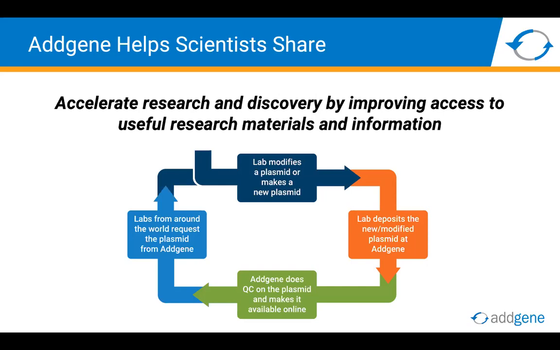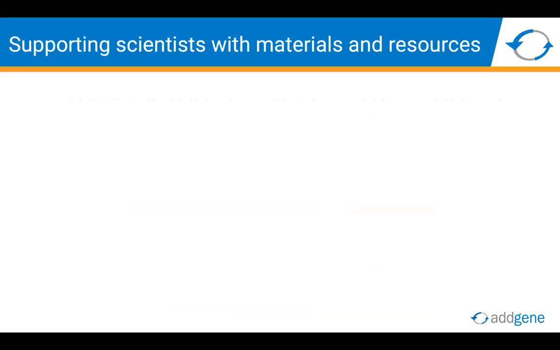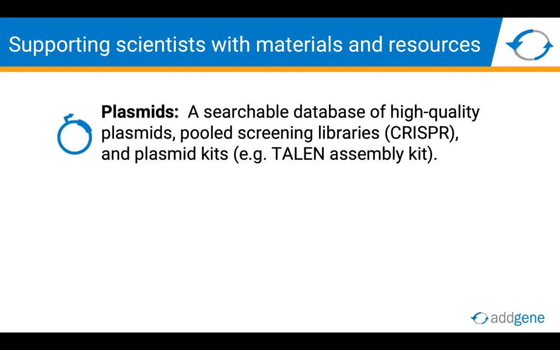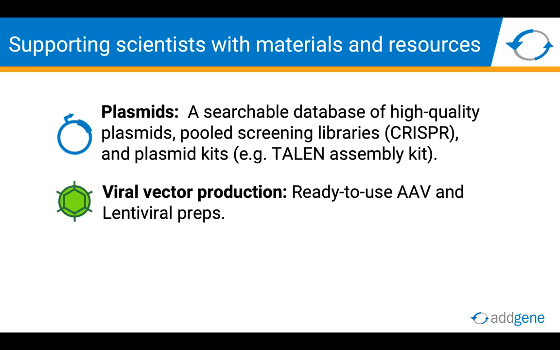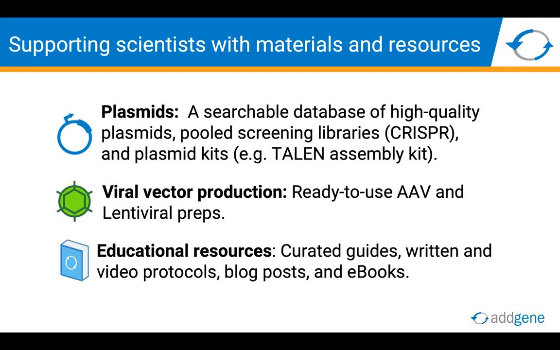And for the requesting scientists, we help them quickly find and access the tools they need. In terms of what we offer, we have a large collection of plasmids, including pooled screening libraries and plasmid kits. We also produce ready-to-use viral preps for our most popular AAV and lentivirus plasmids. And we also have a lot of free educational resources online.